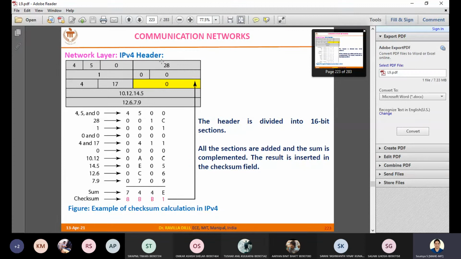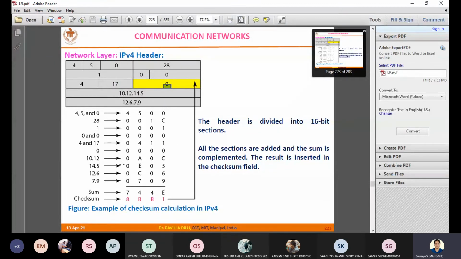The next value is 28, which in hexadecimal is 001C. The next value is 1, which in hexadecimal is 0001. The next value of the flag is 0, which in hexadecimal is 0000. The next value here is 4, which is 8 bits in length, and this is 17. So you have 4 and 17, 04 and 11, and 00.